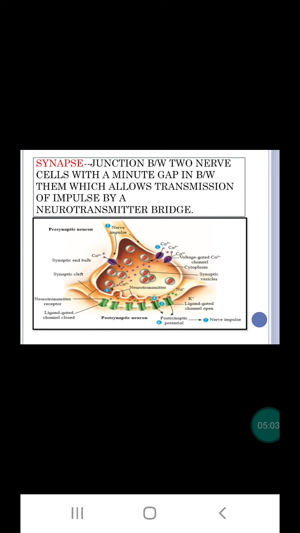So message from one nerve is passed to the next nerve through the synapse, and in the synapse there are neurotransmitters present. They help in the transmission of signal from one nerve to the next nerve.